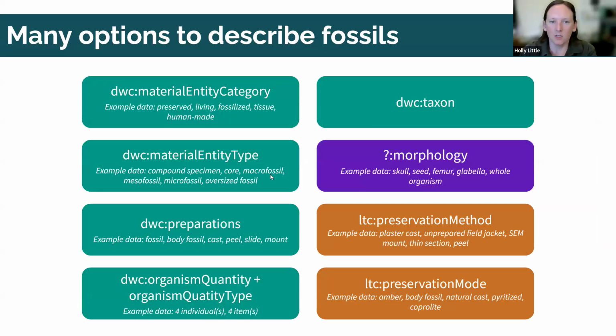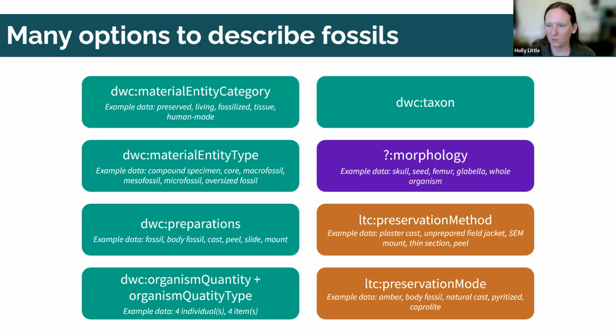Thank you. Cool. So these two terms are unique in being able to help describe what type of object a record represents. We also have the Darwin Core preparations term, but for those of you that might be familiar with that term, it often has many different concepts in it and gets used for many different things and doesn't have a clean vocabulary. It's also not often exposed for easy search.